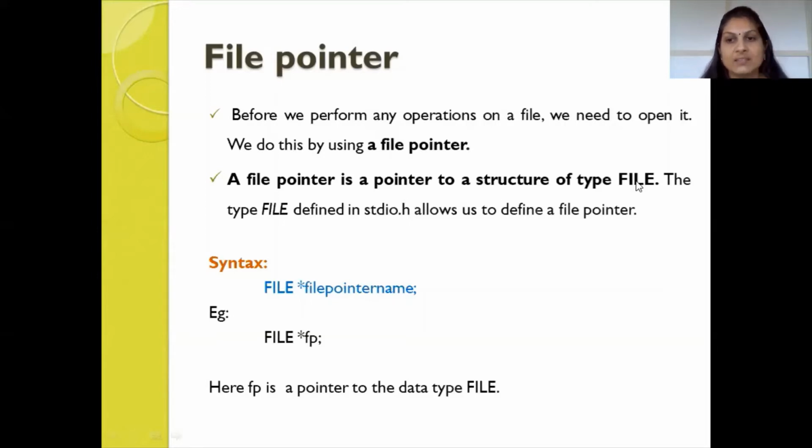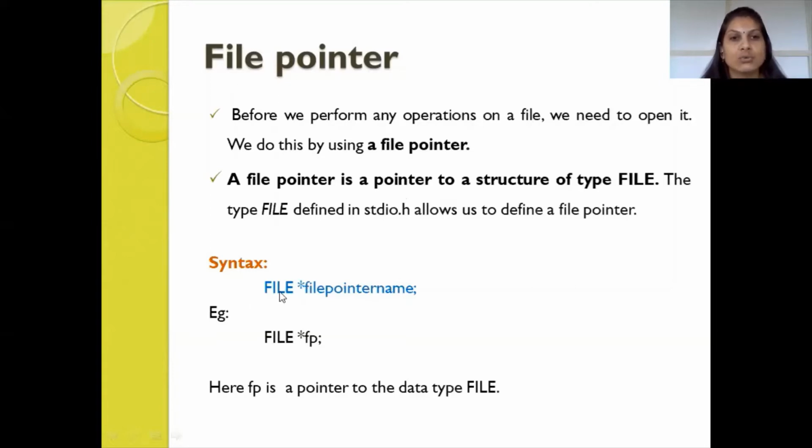Likewise integer, float, character, here one data type is of type FILE. We have to compulsorily write FILE in capital letters, so the compiler automatically understands what FILE is. Now the type FILE is defined in which header file? stdio.h. So it allows us to define a file pointer using this header file.